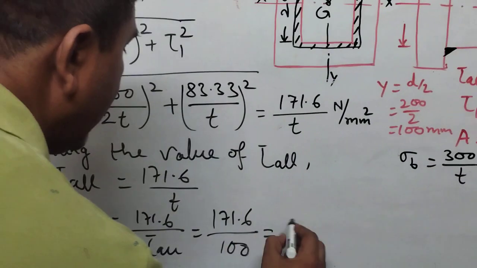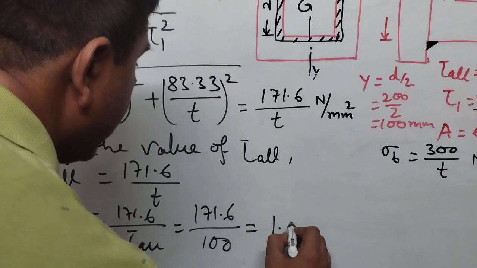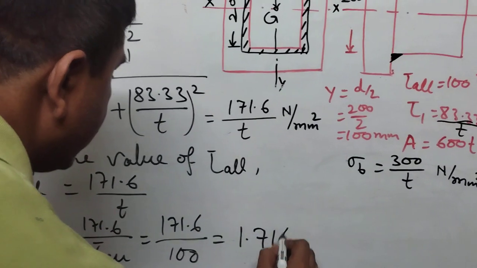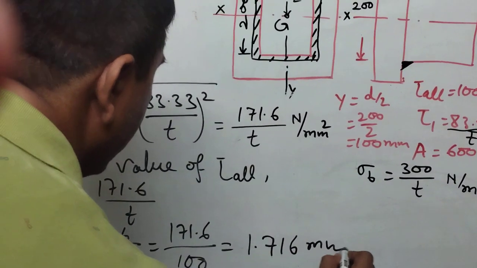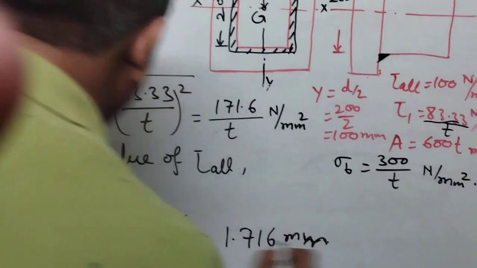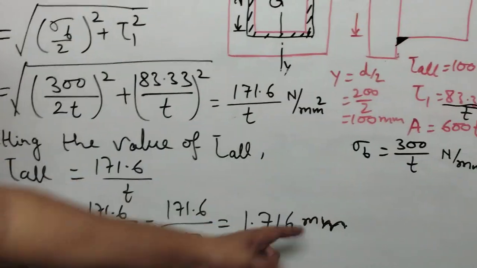Ultimately we get 1.716 millimeter, which is the throat thickness of the weld.